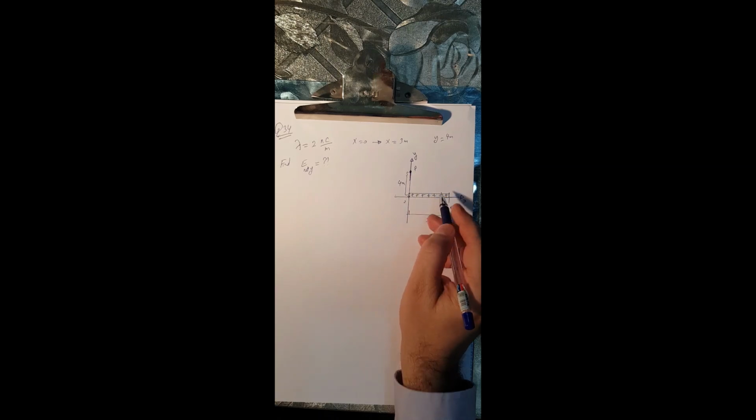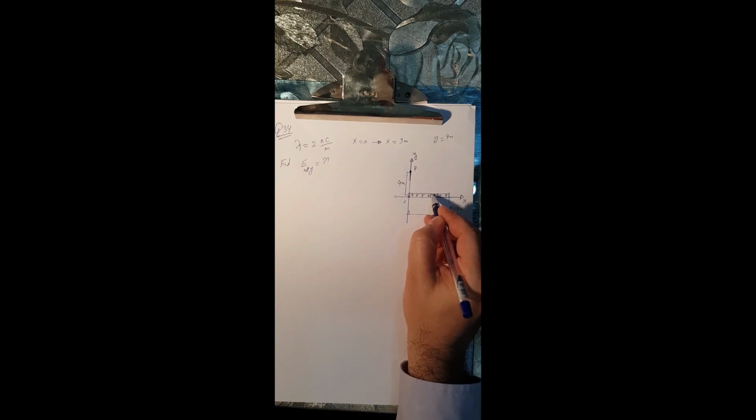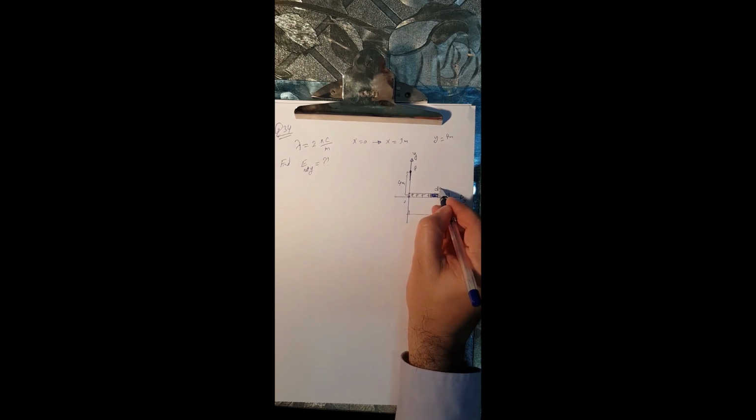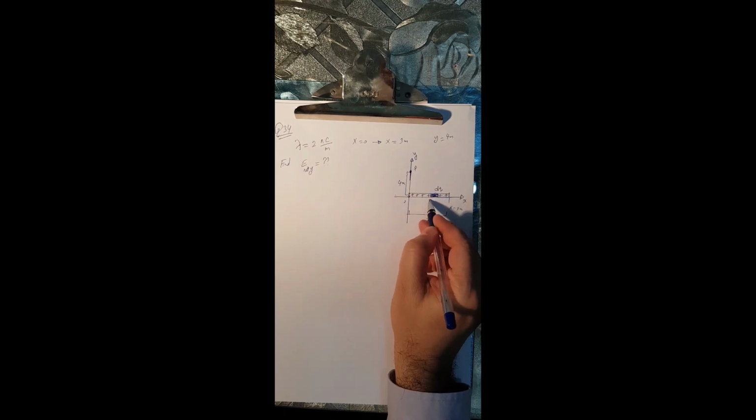Now, of course, let's take an element as usual. I take an element somewhere here, and in this element there is a charge dq, like a point charge. We have to find the electric field of this point charge. Now where is this dq?